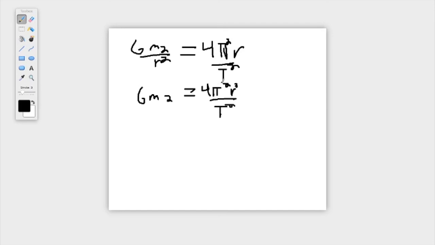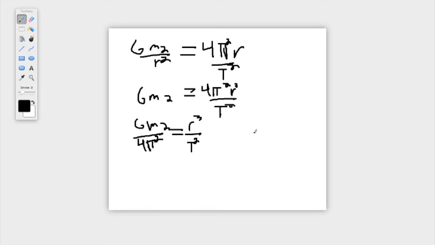Then I'm going to divide by 4 pi squared, so I get G m2 over 4 pi squared equals r cubed over T squared.